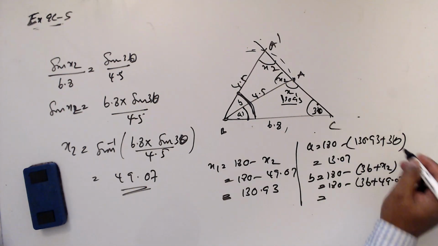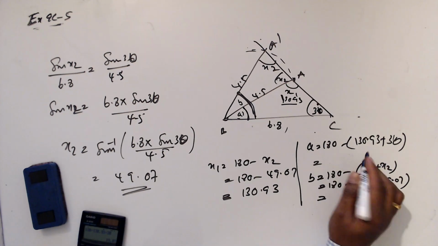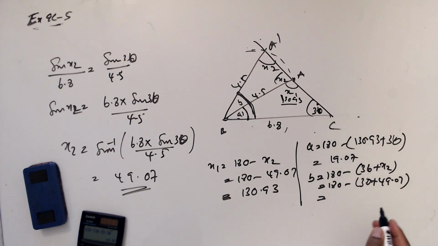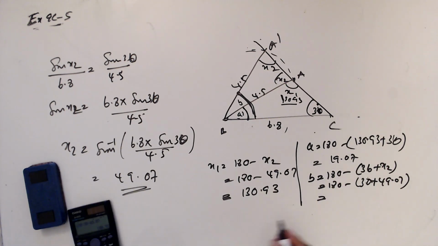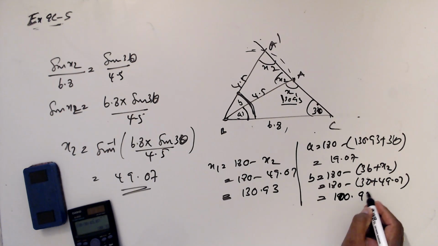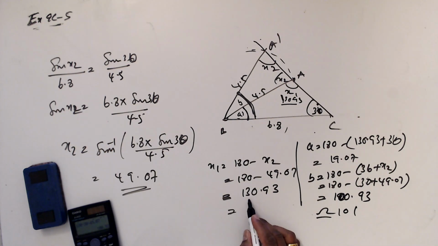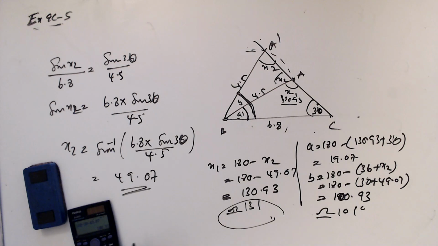This is 30. This is 19.07. This is 100.93, approximately 101. This is 133.93, approximately 131. So this will be the largest angle.